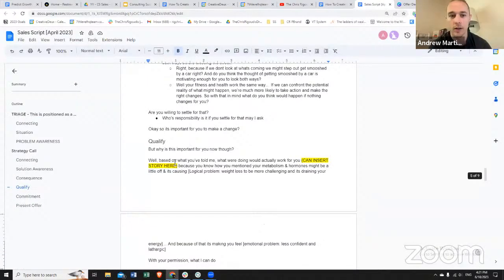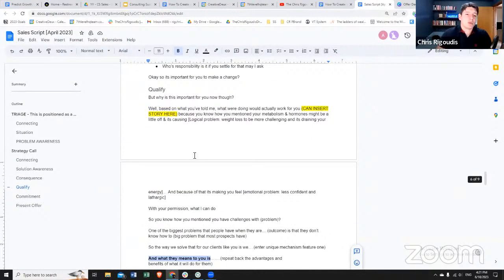"One of the biggest problems clients have when they come to us is they follow crash diet here, crash diet there, but they have no idea where it's coming from. What's the root cause? That's why before we hit the green light with any single diet, we go through a comprehensive plan to look at your gut, look at your hormones, to find the little thing that will swing the big door when it comes to your weight loss."